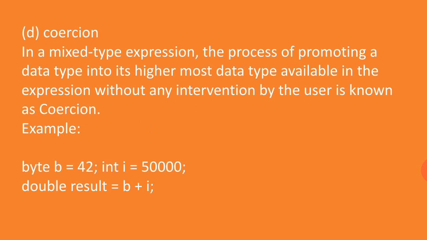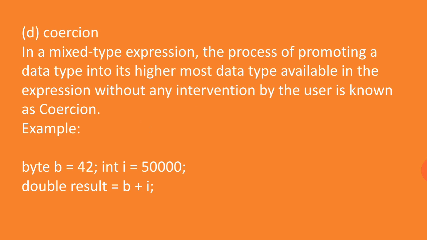Now double result = b + i. You can see b is of byte type and i is of int type, and the result of addition of these two variables is going to be assigned to another variable, whose name is result.